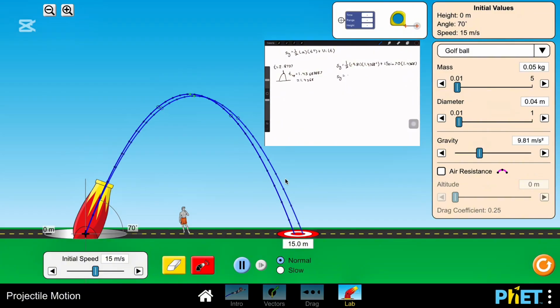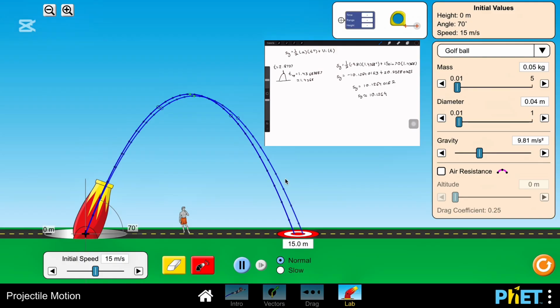So we get that it's minus 10.12640163, plus then, okay, now it's 15 sine of 70 times the time, and that's 20.25280325.